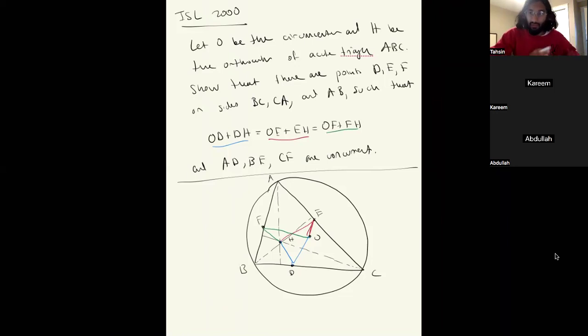Whenever you see H and the circumcircle, you should always do the same thing. You should take this H and reflect it.